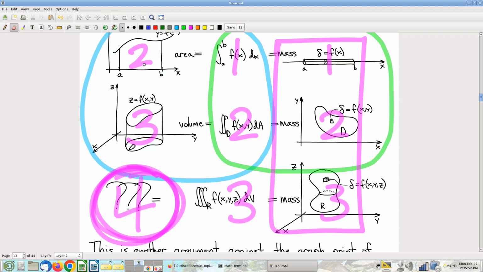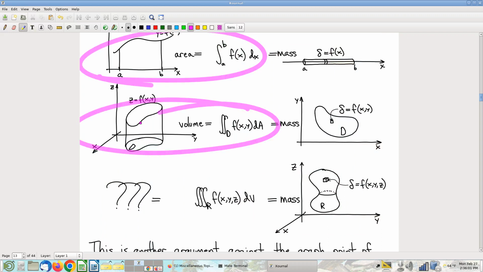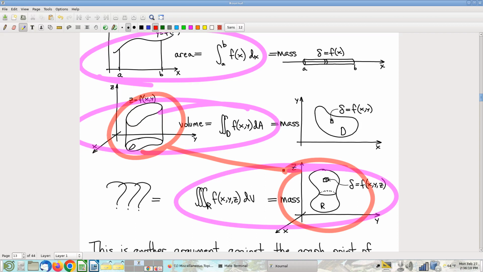And the worst aspect of all of this is that a lot of students will think about single variable integrals this way, double integrals this way, and triple integrals this way, and then wonder, why do I get a three-dimensional picture for double integrals and a three-dimensional picture for triple integrals? Same picture, why is one a two-dimensional integral, why is one three-dimensional? And then they're confused because they're doing apples and oranges, and they have an inconsistent pattern of intuitions. So, again, I'm not saying that you can't think about things this way. I'm saying make sure that you can also think about it this way and always compare apples to apples.